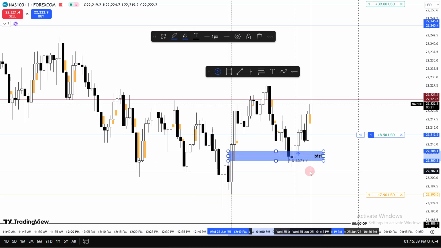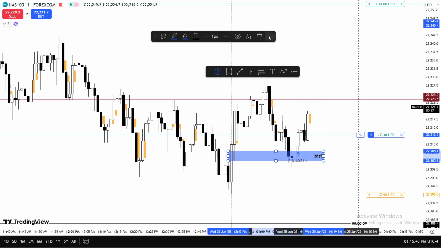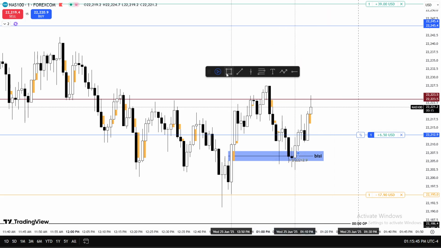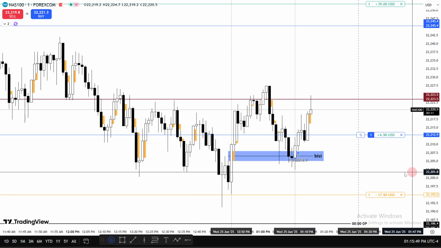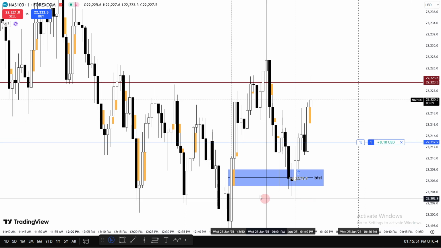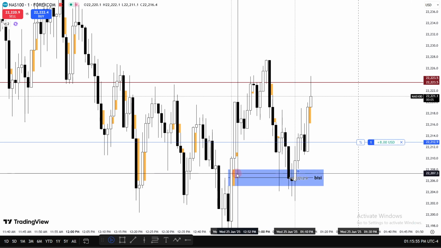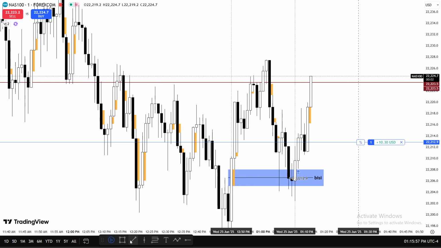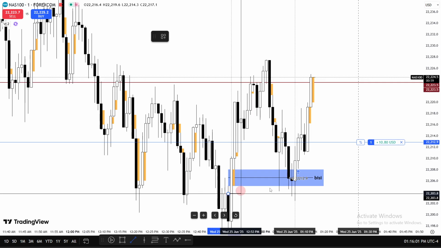and look at that, how bodies are closing right inside this buy side imbalance, sell side inefficiency, and this is the order block, the last down close candle.